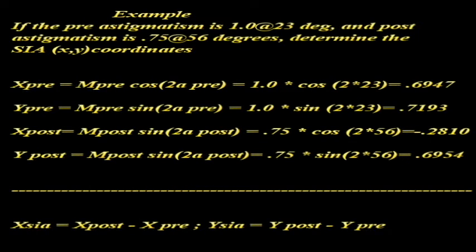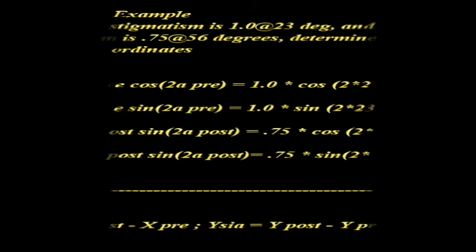Your x SIA would be simply subtracting the x preoperative coordinate from the x postoperative coordinate, and then again the y SIA you get by subtracting the y preoperative coordinate from the y postoperative coordinate.